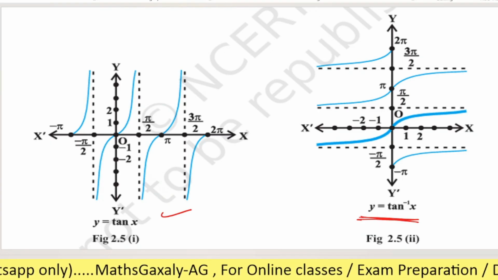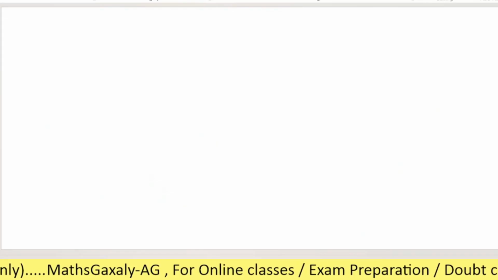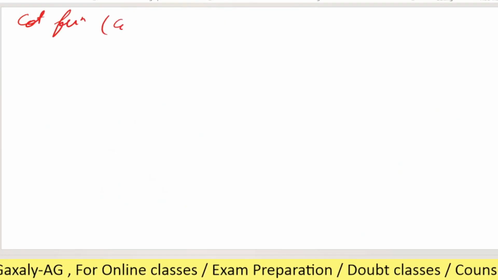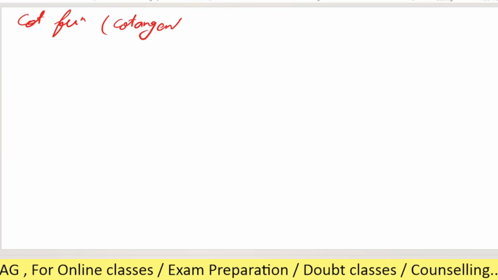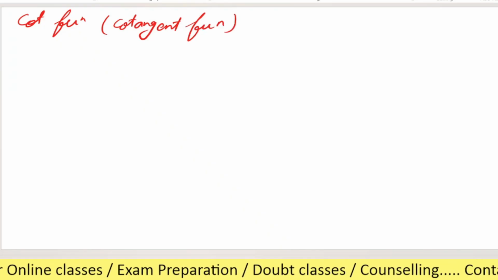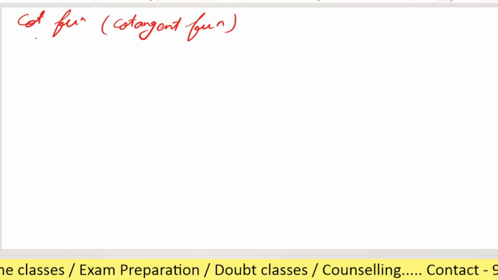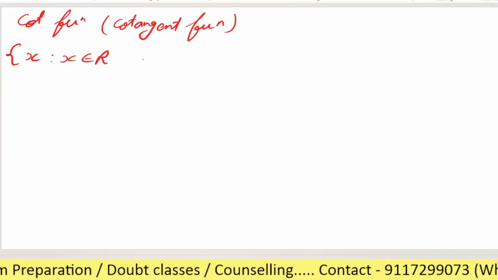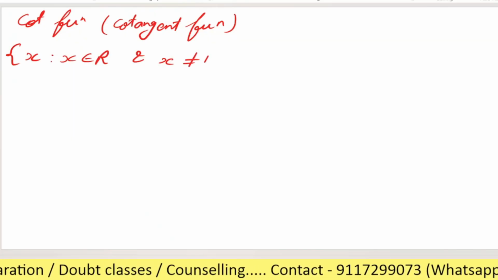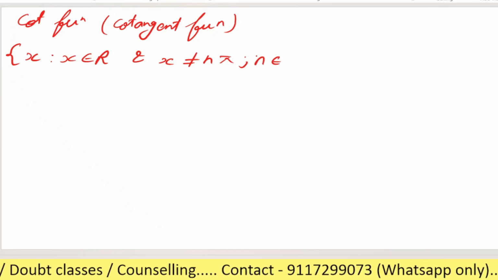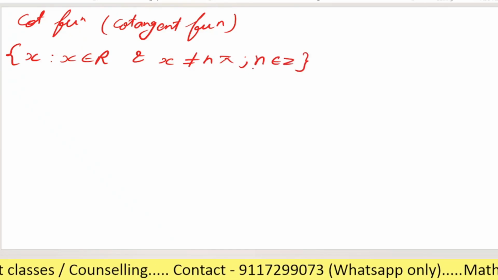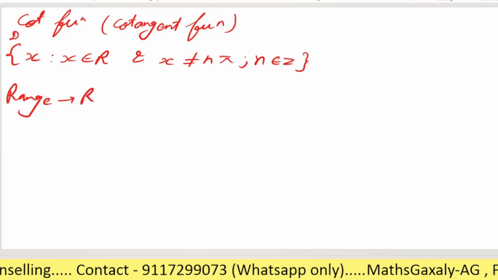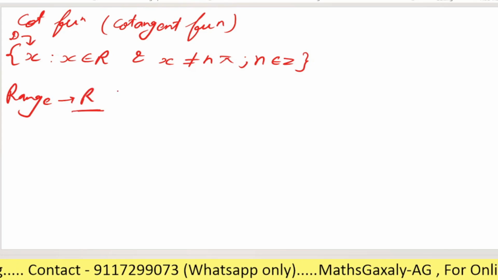So now let's see here. We know that the domain of the cotangent function is the set of x such that x belongs to R and x is not equal to n pi, where n belongs to Z. The range is R. This is the domain, and this is the range R, for the cot function.